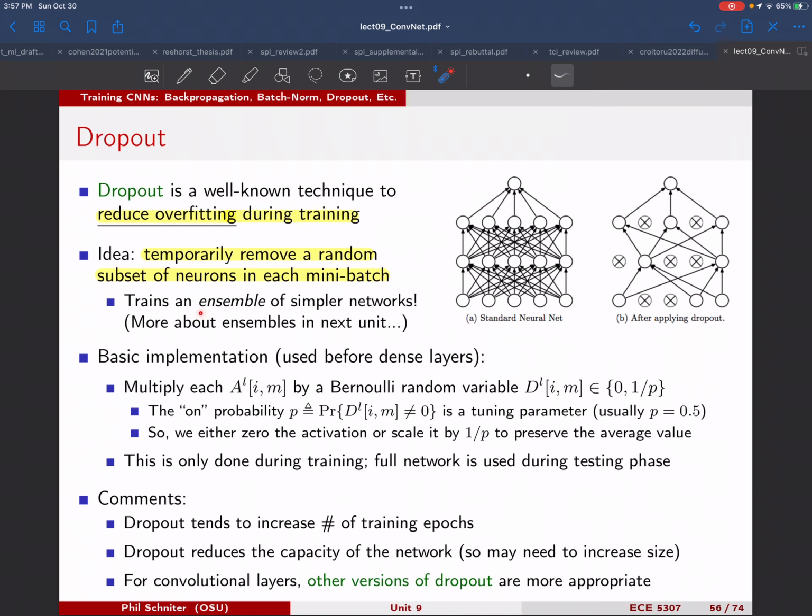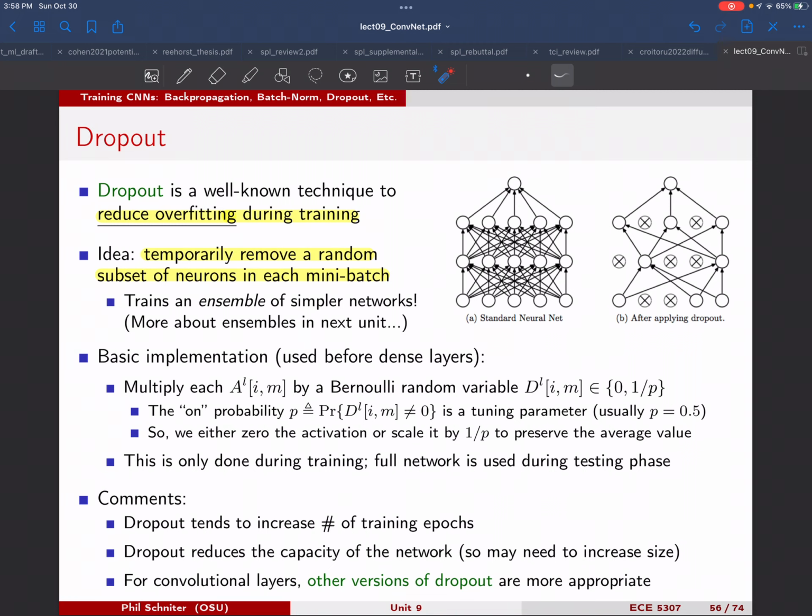So we call this an ensemble of simpler networks, and we're going to talk a lot about ensemble methods in the next unit 10. So we'll come back to this. But an ensemble is basically when you have a collection of simple models that on their own might not work that well, but when you put them all together, they work really well as a whole. Okay, so that's basically what you do with dropout.